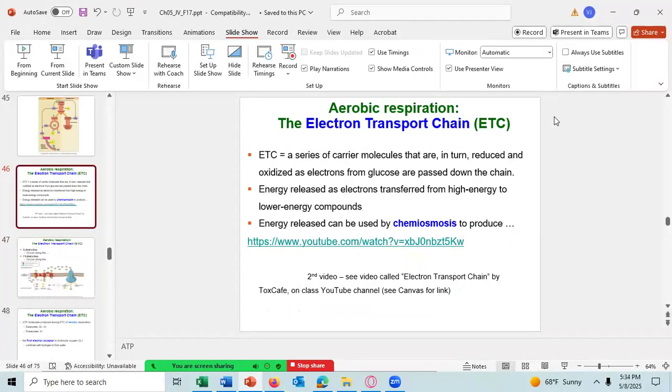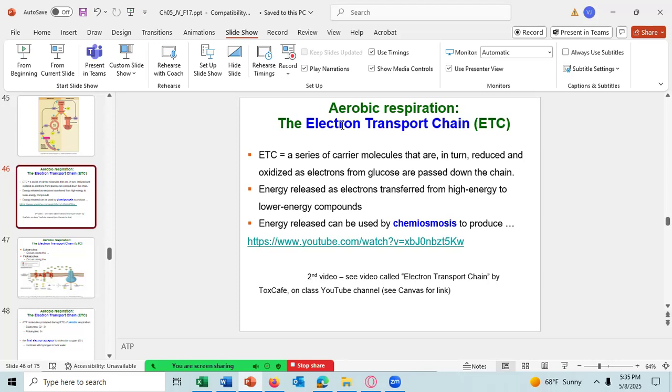All right. So the electron transport chain is the third step of aerobic respiration. It's sometimes called ETC for electron transport chain. It can also be called electron transport phosphorylation because ATP is made from ADP. So the ADP added on a phosphate group, and that's phosphorylation.